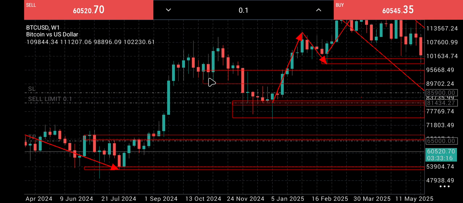Why? Because its body is bigger than the previous red candle. So this green candle is an engulfing candle.